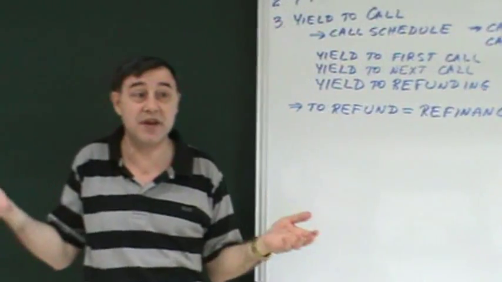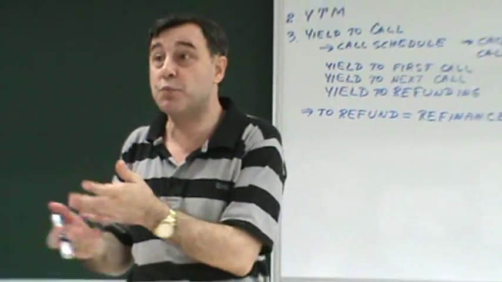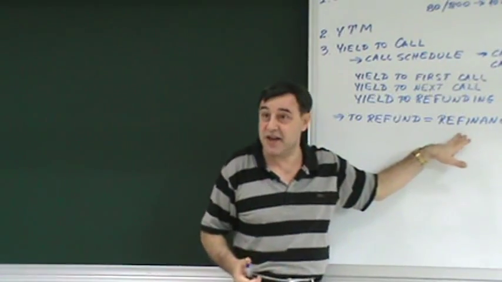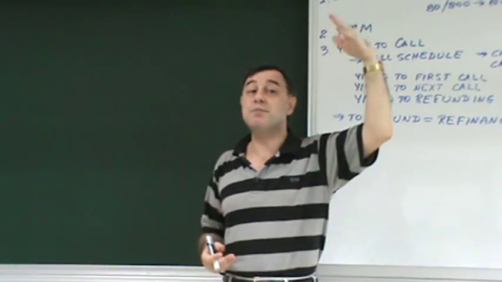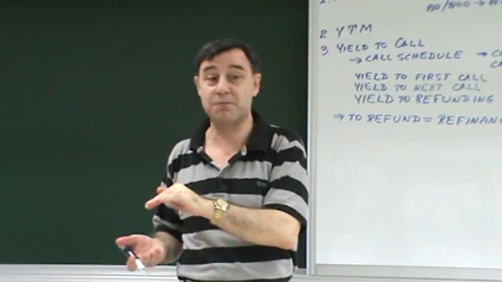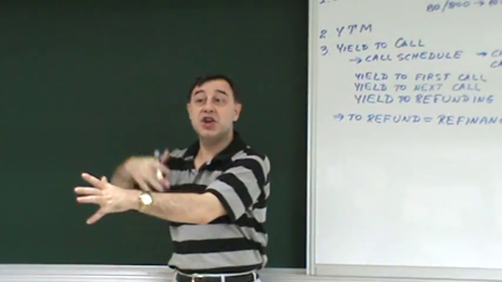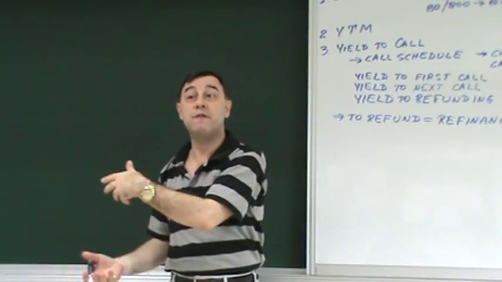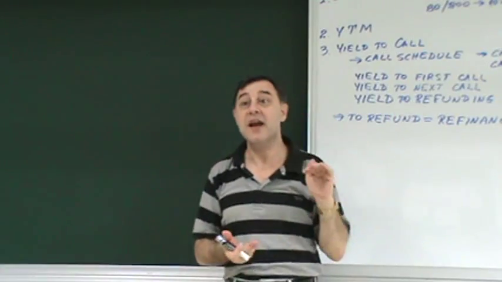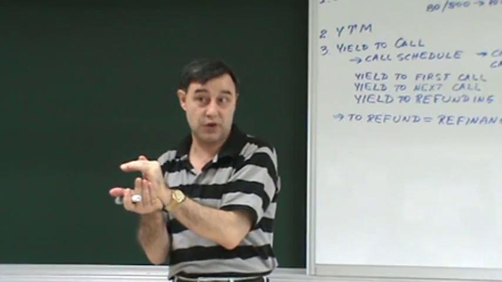Well, the answer could be sometimes they'll need the money, sometimes they won't be able to pay it all when it's due, but the most common reason is we're paying 8% interest and now interest rates have fallen down to 4%. We want to refund, meaning issue new bonds at 4%, call the old bonds that they're paying at, and stop paying 8% and start paying 4%.